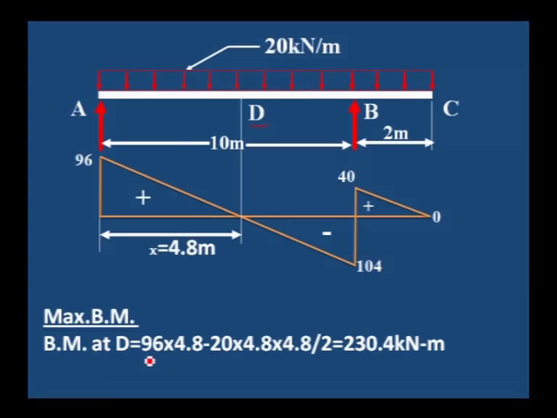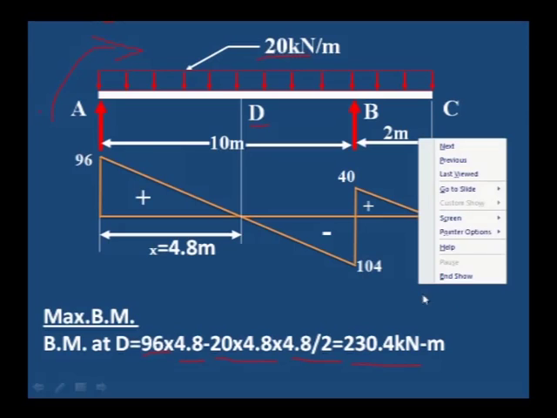Bending moment at D is equal to 96 into 4.8, minus the load 20 into 4.8, where 4.8 is the distance up to which the UDL is acting, and 4.8 divided by 2 is the distance where it acts, at the center of the UDL. If you take the left side direction, you have to consider clockwise movement as positive and anti-clockwise movement as negative. It is reversed if we are calculating bending moment from the right side: clockwise is considered negative and anti-clockwise positive. Here clockwise is considered positive and anti-clockwise negative. Therefore, the bending moment at D is equal to 230.4 kilonewton meter, which is the maximum bending moment.